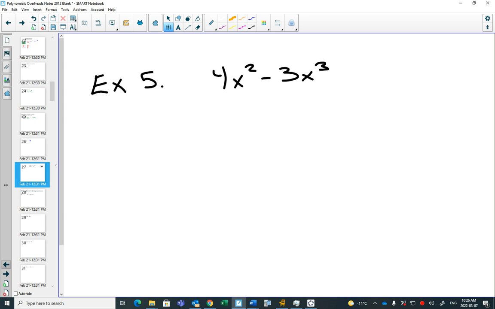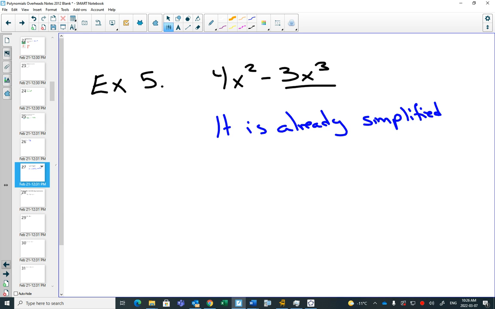This is a confusing one because the answer to this is, it is already simplified. You will be tempted. Do you see how I would, in this case, underline this one in one color, and this one I'd squiggle line in a different color. They are not the same. We cannot add them together as much as we'd like to.